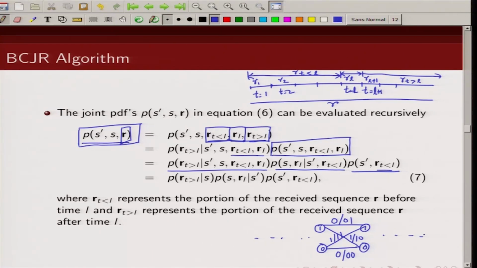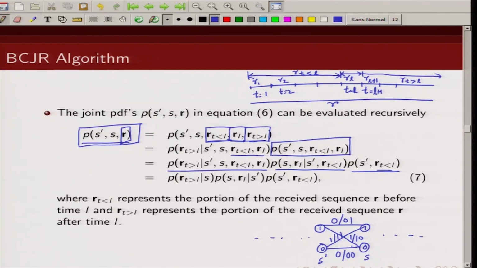So, you are interested in the probability of R t greater than L given previous state S prime, given next state S, given the received sequence before time t equal to L, and given the current received sequence.